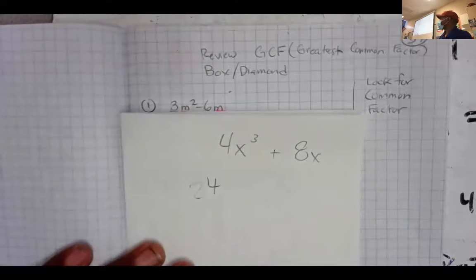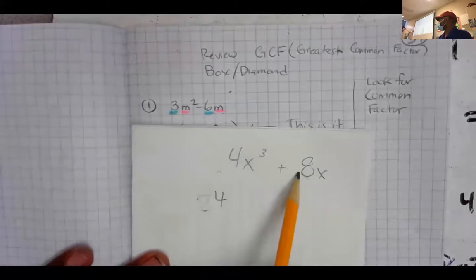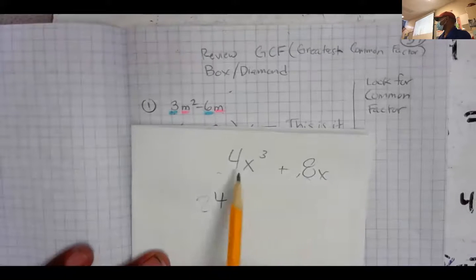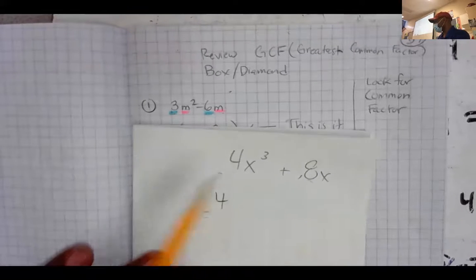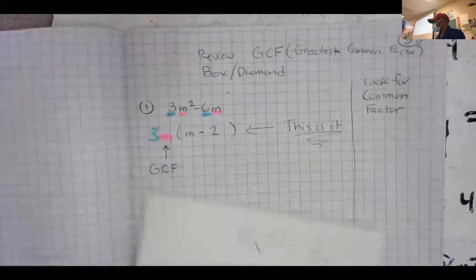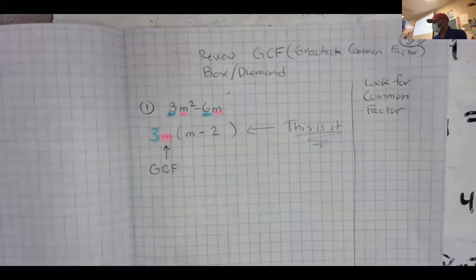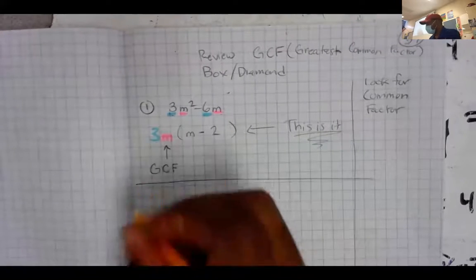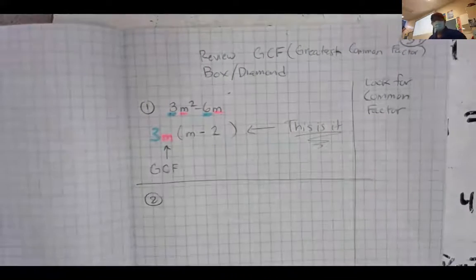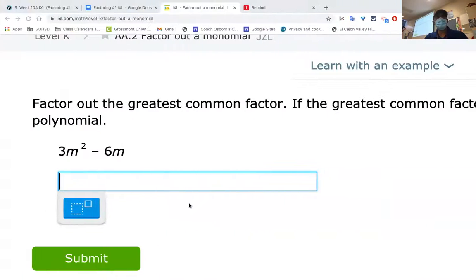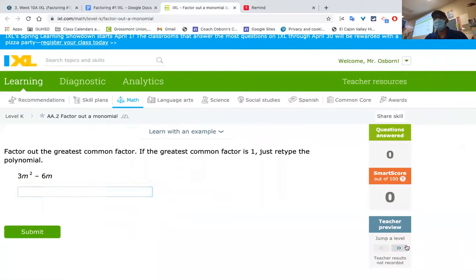Usually, if you look at the smallest number in the expression, that's often the common factor. So 4 is the smallest number, that is the common factor. 3 is the smallest number, that is the common factor. Oftentimes that is what it is with these problems. All right, so now let's look at another example.